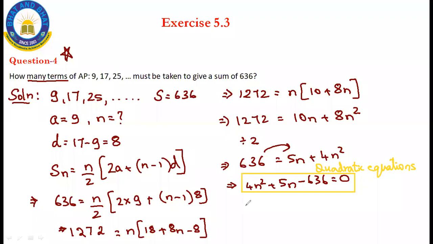Have you studied quadratic equations earlier, in 10th standard? Yes, so you have studied. So what will be the solution of this? How do I solve this?